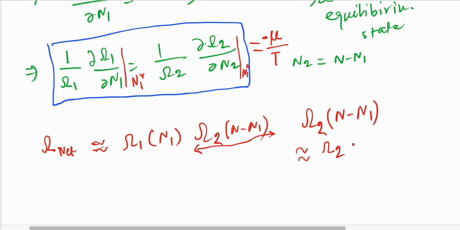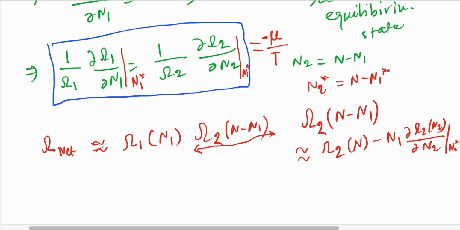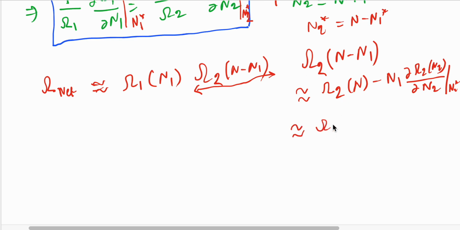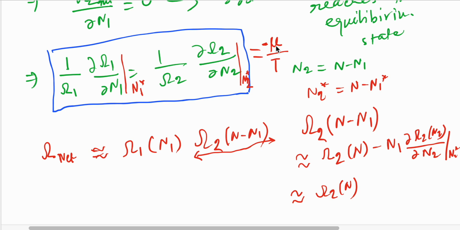So sigma 2 of n minus n1 is sigma 2 at n2 star, where n2 star is nothing but n minus n1 star. We know that at n2 star this derivative is minus mu by kt. So if we put this value here, you will get plus n1 mu by t.